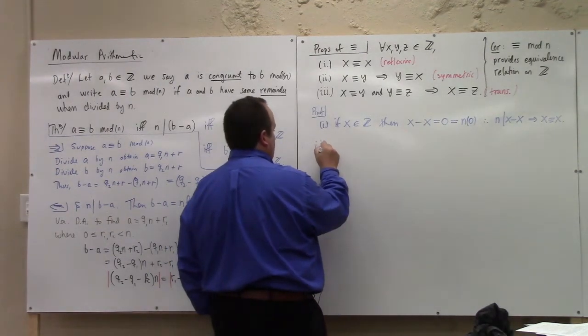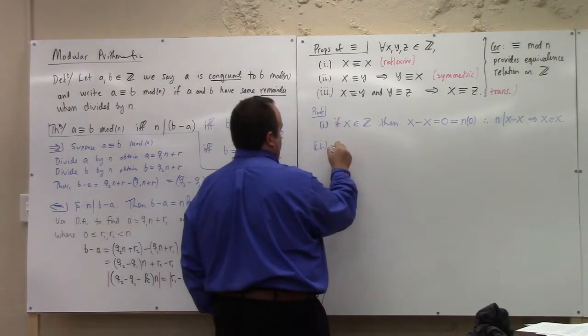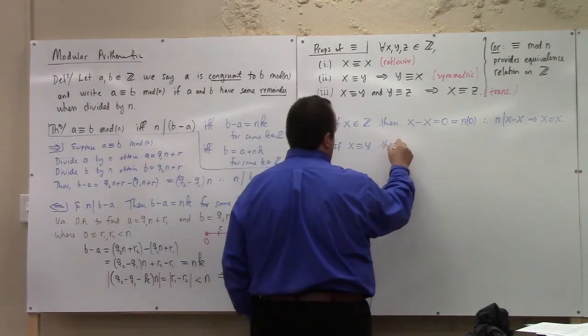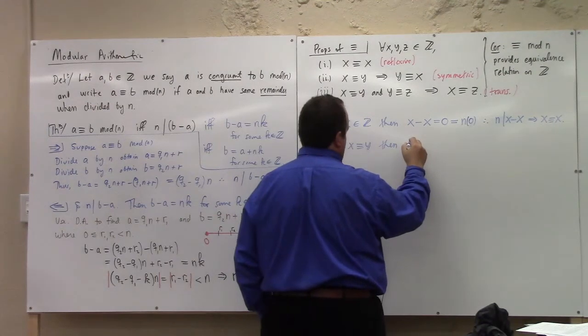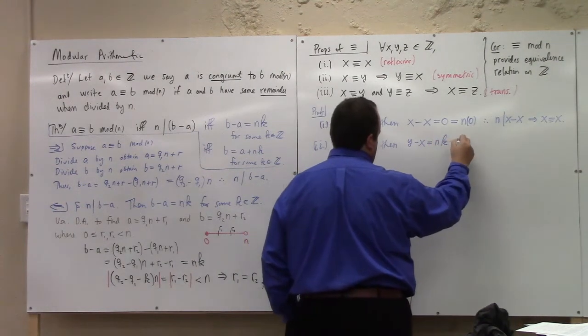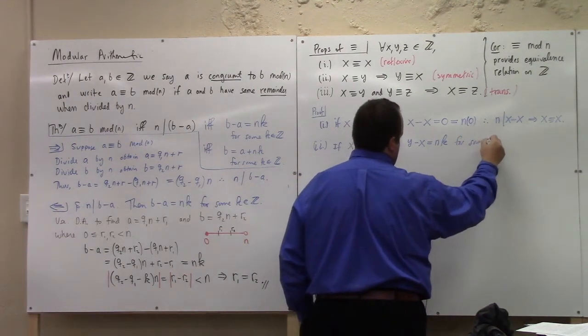2, if x is congruent to y, then what? y minus x is equal to n times k, right, for some integer k.